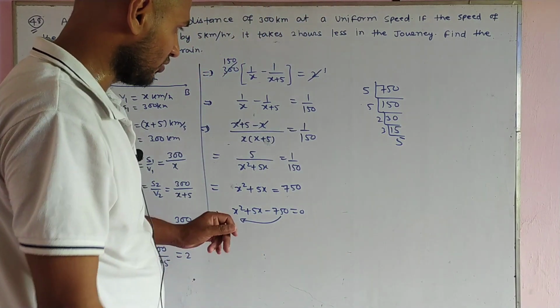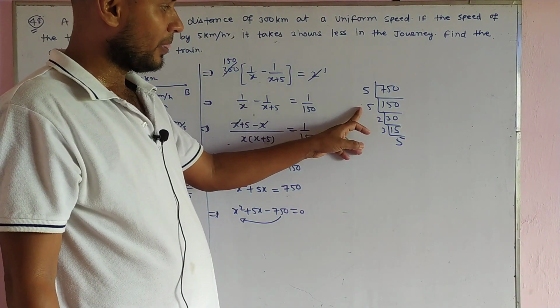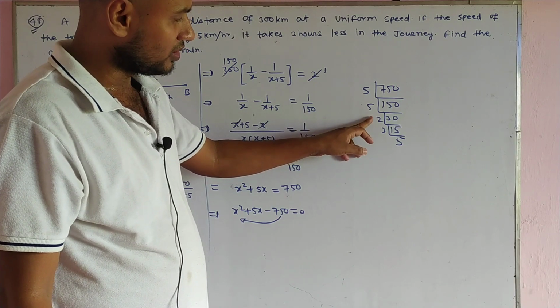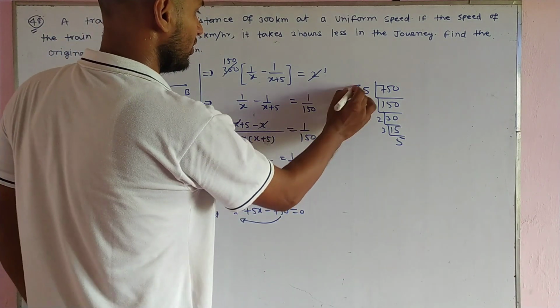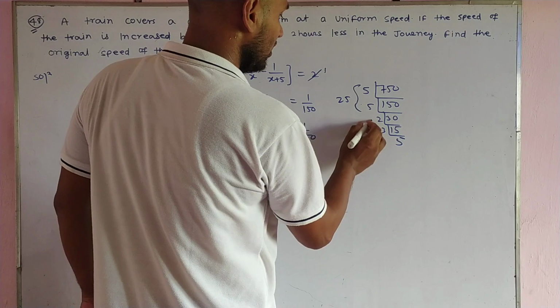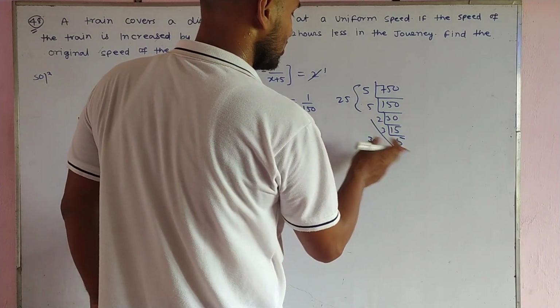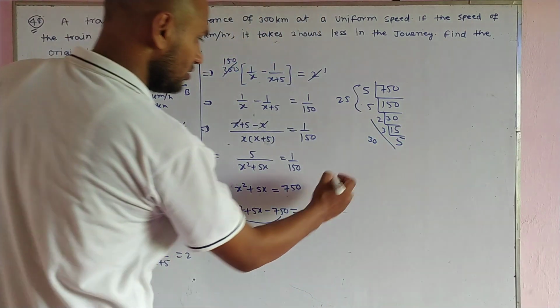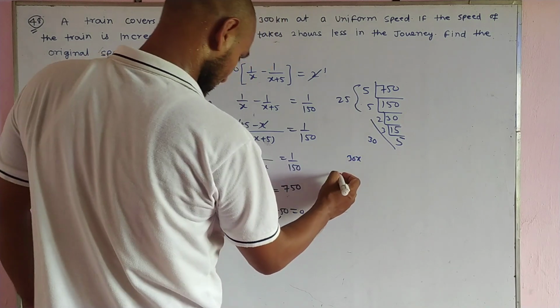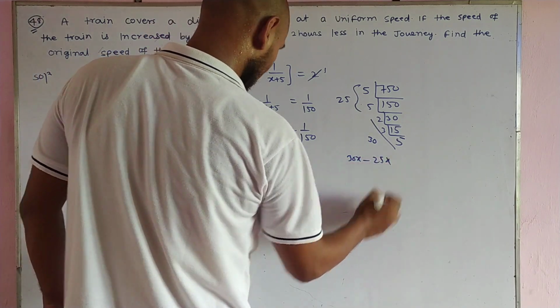Here we set 5, 5 times 5 is 25, and 6 times 5 is 30. So we decided to write 30x minus 25x.